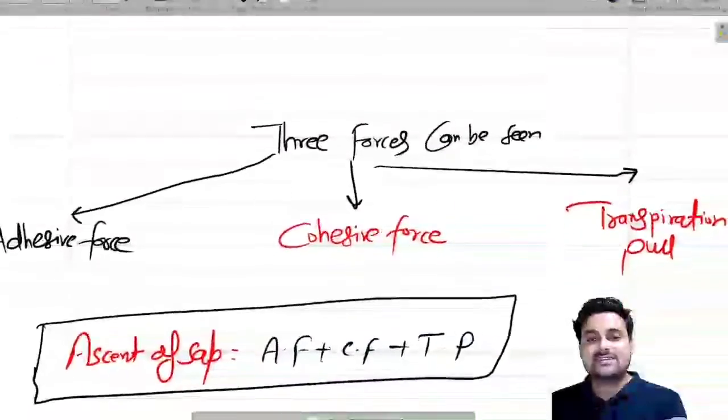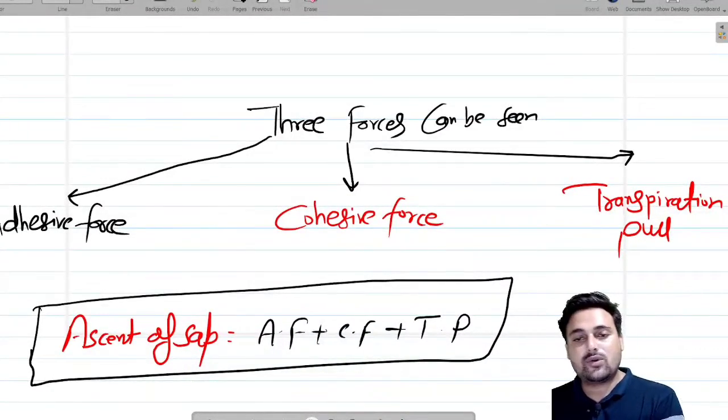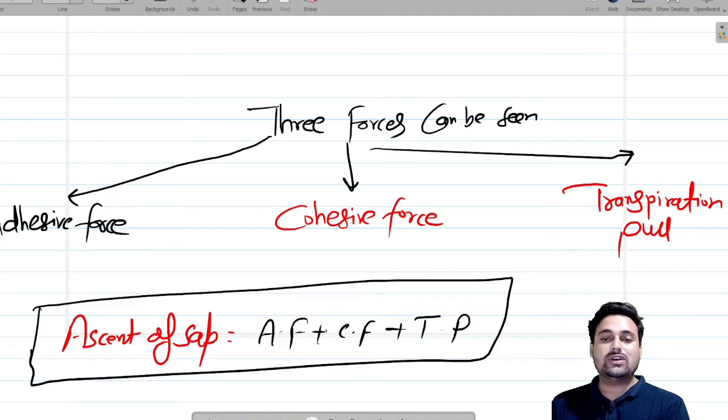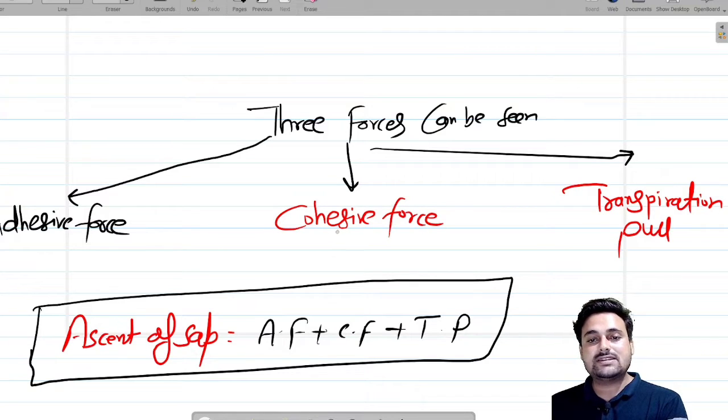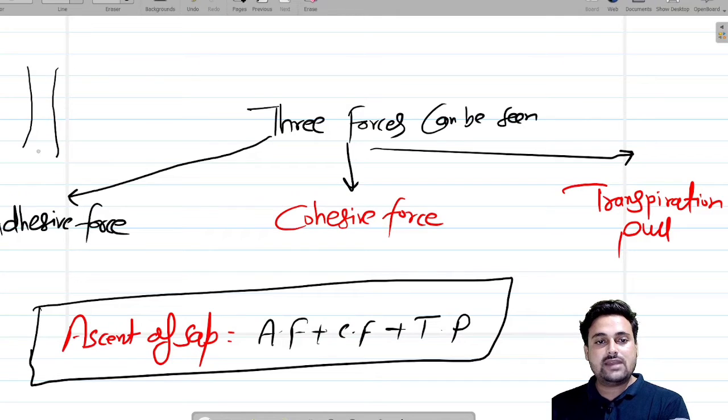Three forces can be seen during the sucking in process and the process of reaching up to the leaves. First one is adhesive force, second one is cohesive force, third one is transpiration pull force. Let's assume this is your xylem strand and this is your water molecule.